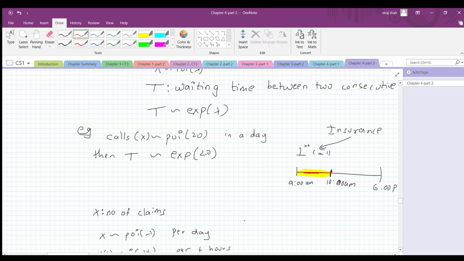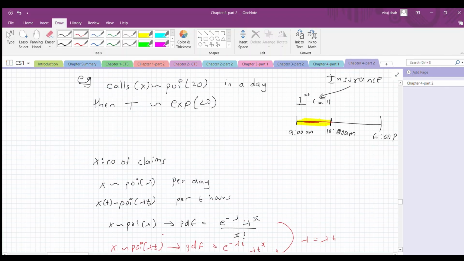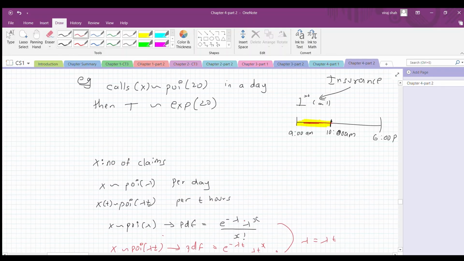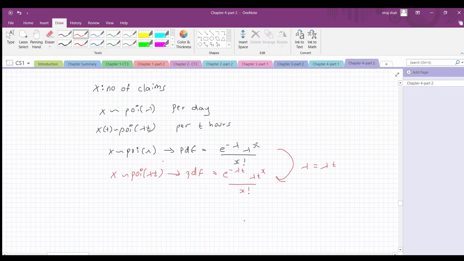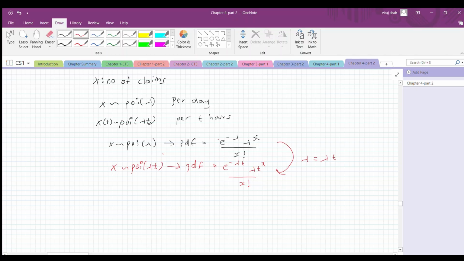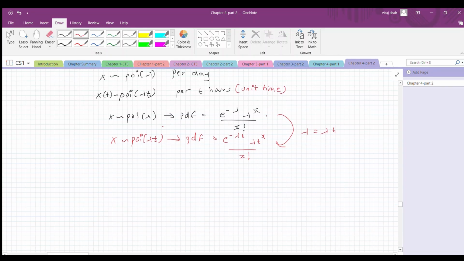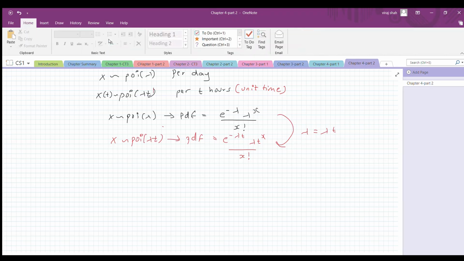I then extended further to what my Poisson is when measuring in t hours or t unit time. Now, let us prove why it is an exponential distribution.